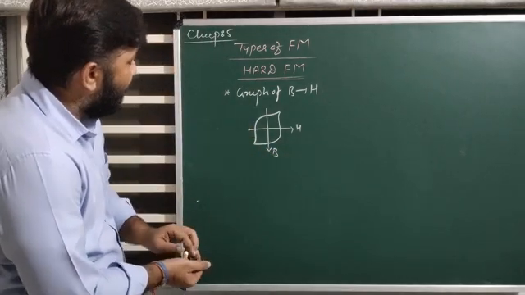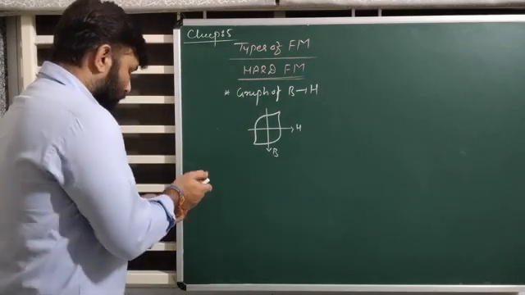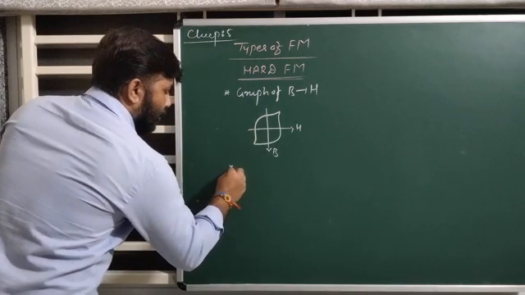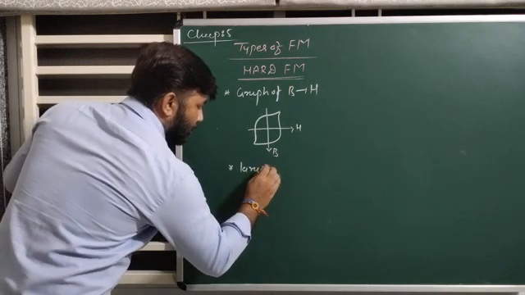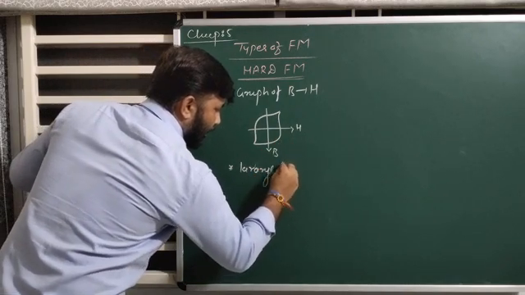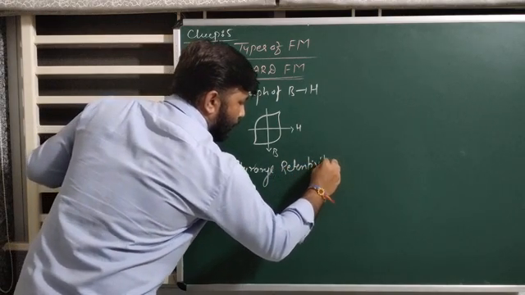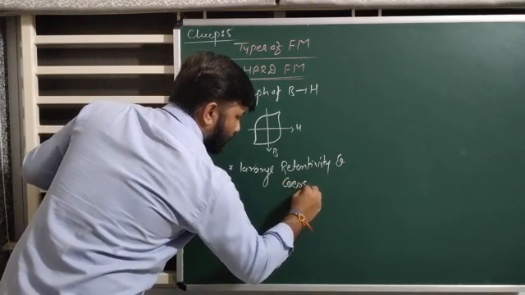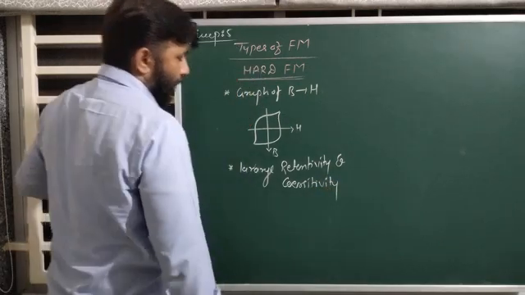Point of retentivity and coercivity are large. Clear? So first point is about graph, and second point is that it has large retentivity and coercivity. Clear?